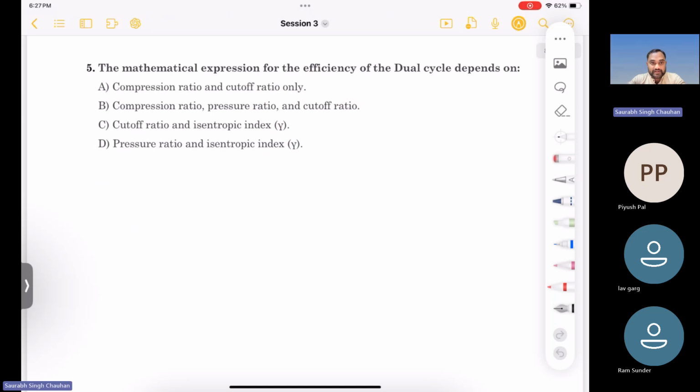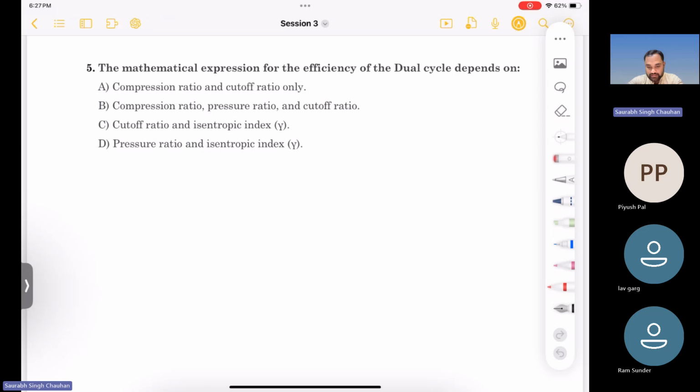Question number 5 says the mathematical expression for the efficiency of the dual cycle depends on... You have to tell the efficiency of the dual cycle.